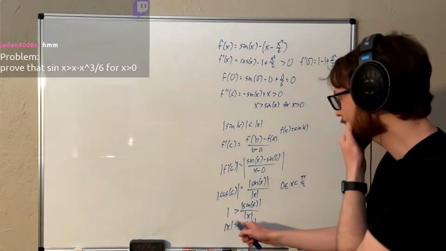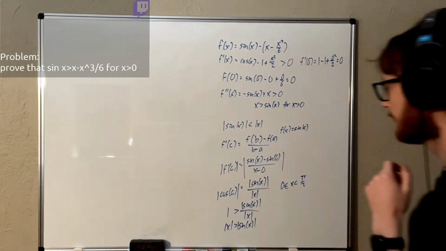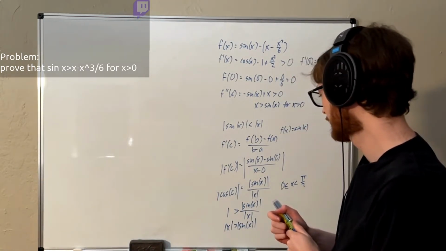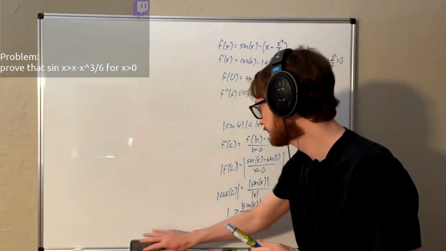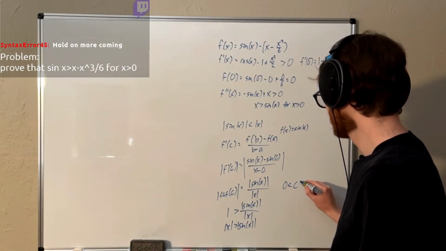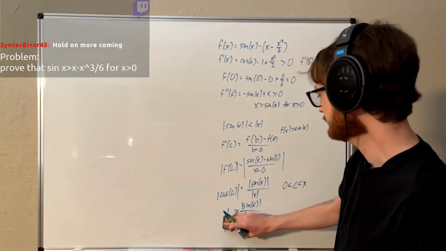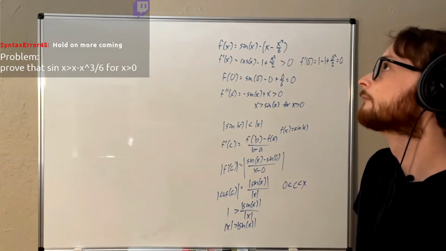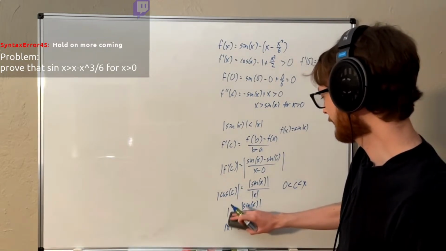Oh, did I just write the wrong sign there? The absolute value of cosine c is less than 1. I think I'm supposed to flip this.